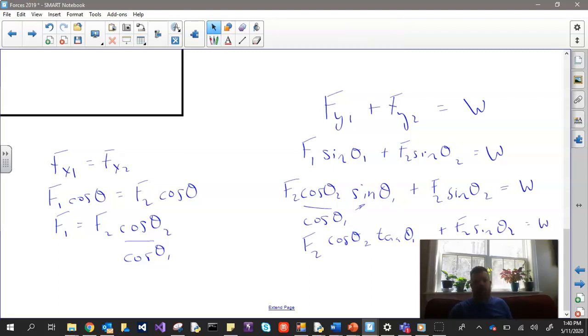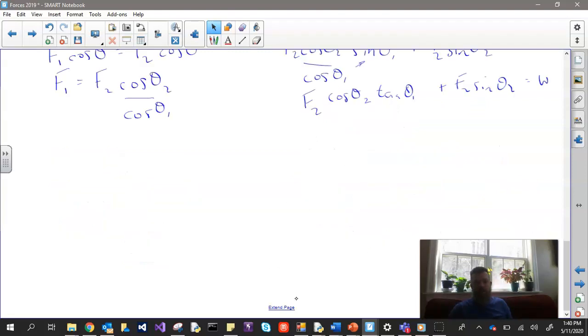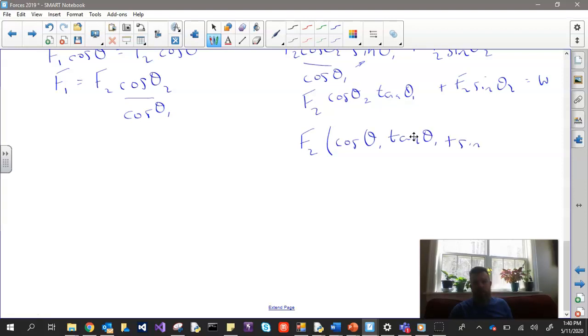Now the beauty of this method, I put all my numbers in, gather up my f2's, so I would get f2 and then the like term of cos theta 1 tan theta 1 plus sine theta 2 equals w. The beauty of this is when I get it all done, I'm straight to f2 and I don't have to then go do the divided by the cosine like I did in the last example.